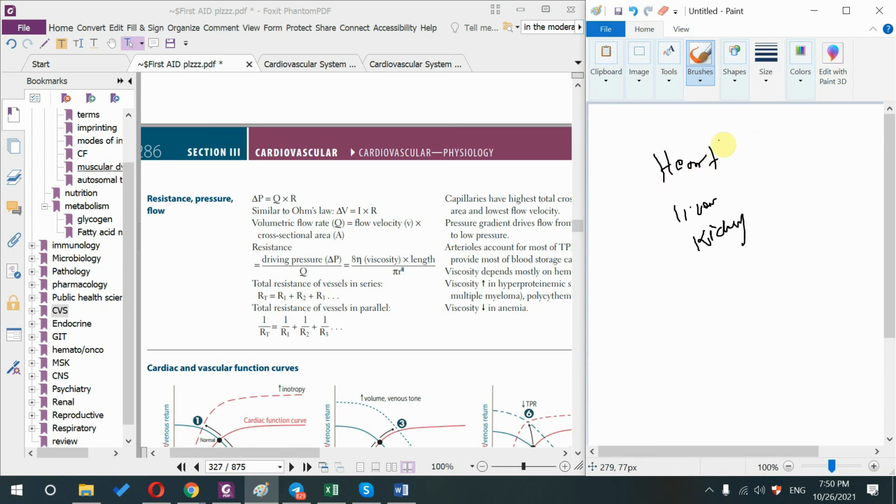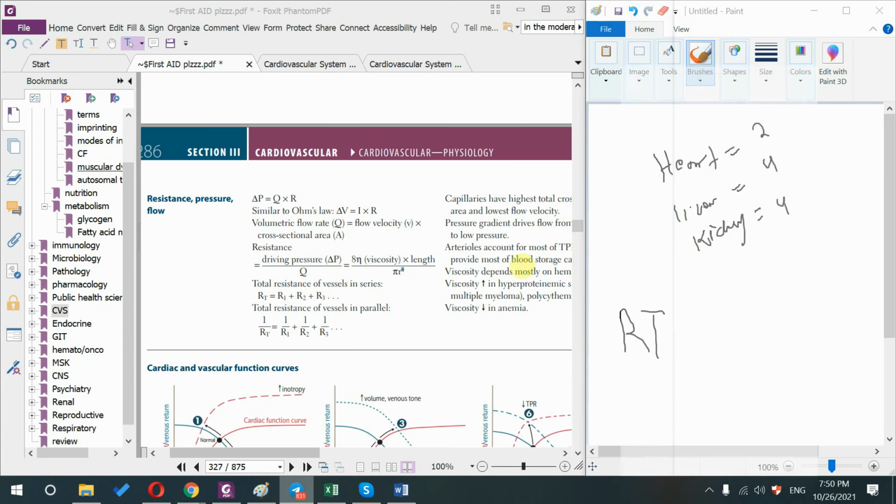Just for simplicity's sake, the heart resistance will be 2, the liver resistance will be 4, and the kidney resistance will be 4. Can someone calculate for me the total resistance?